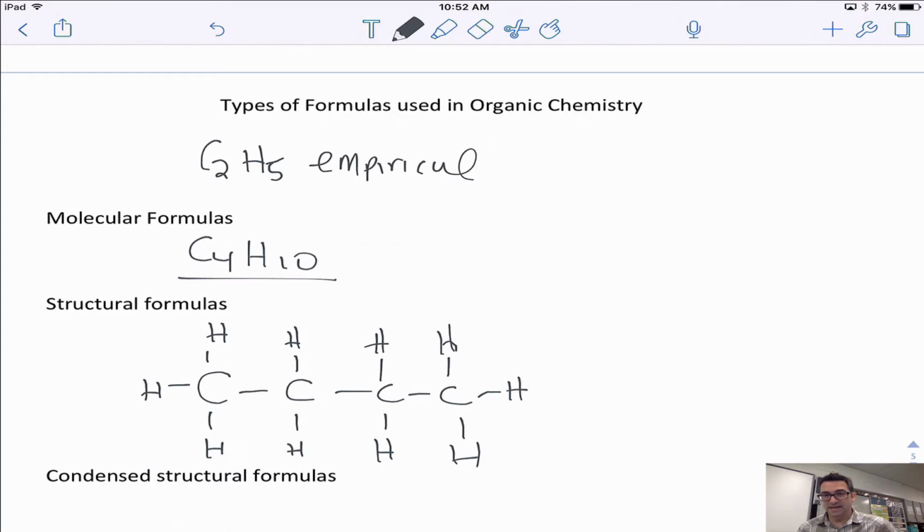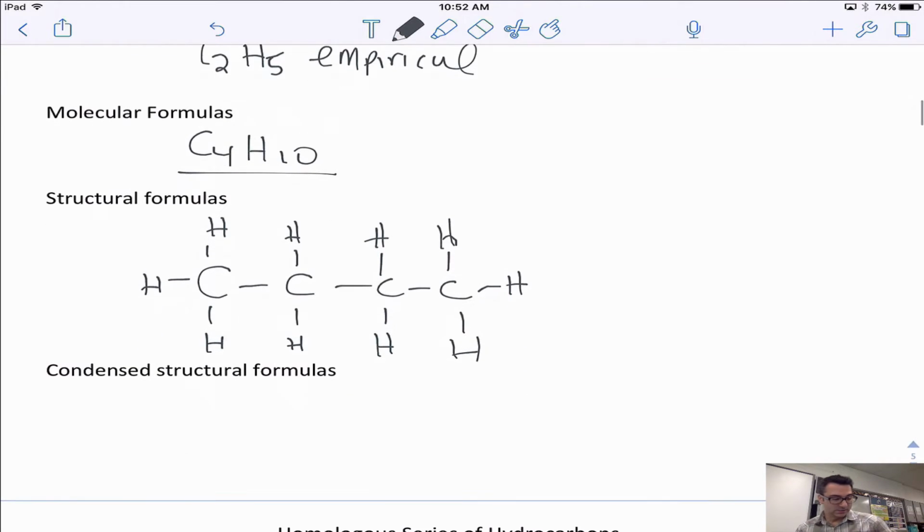Now, it's sort of annoying to draw out a whole big structure, so there's a middle ground, the condensed structural formula. It gives us the same amount of information that the structural formula does, but condenses it down into something smaller. So I would have CH3, showing the C connected to the three H's.